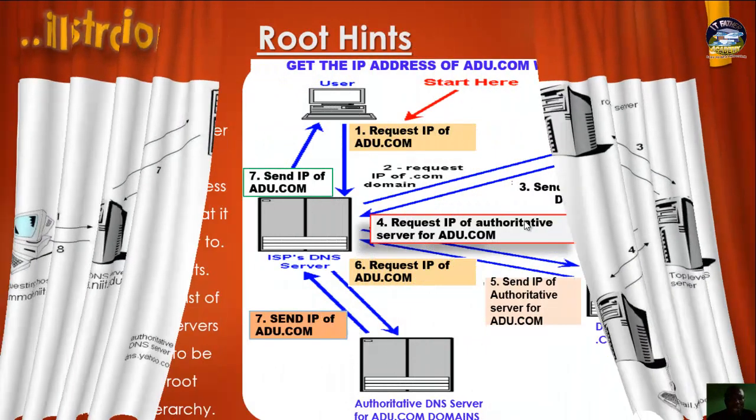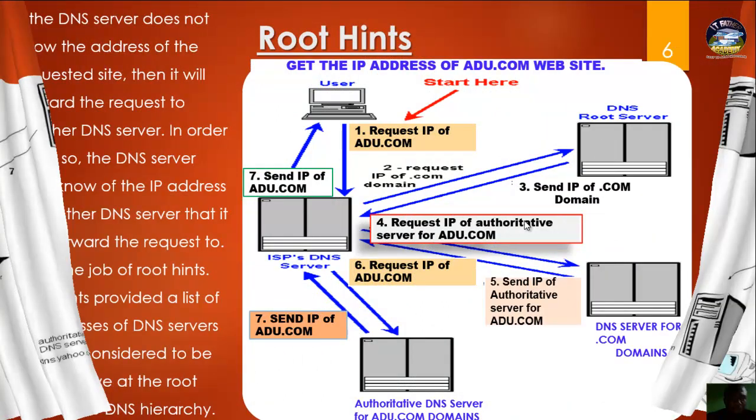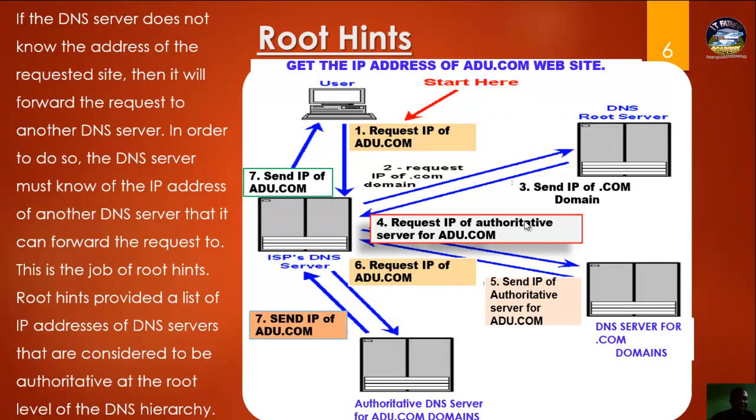Alright, so let's continue. Let's move to root hint. If the DNS server does not know the address of the requested site, then it will forward the request to another DNS server, as I said earlier on. Technology is not like human beings.